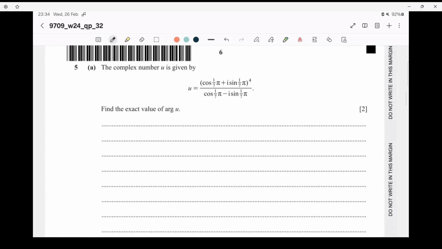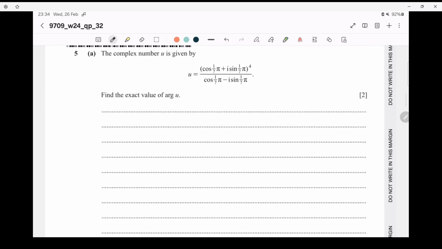Question 5a. You are given a complex number. Find the exact value of the argument of u. So what you would do is, first, u is given by this: cos pi over 7 minus i sine pi over 7, then you have cos pi over 7 plus i sine pi over 7 power 4.